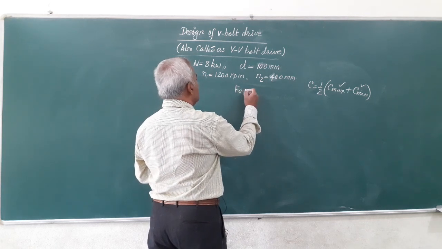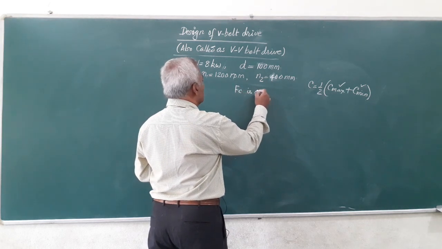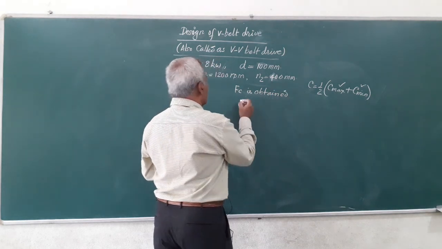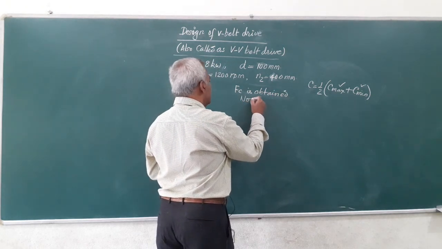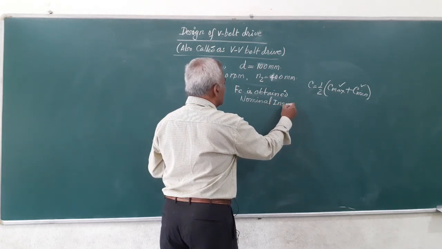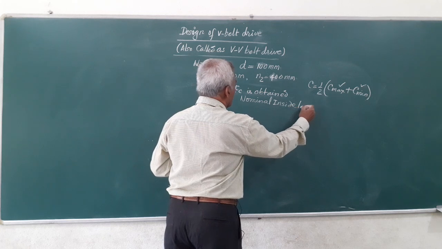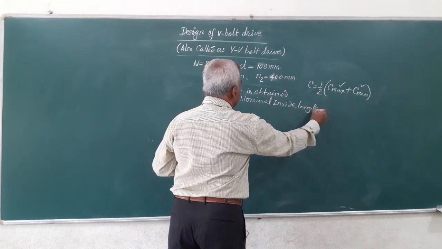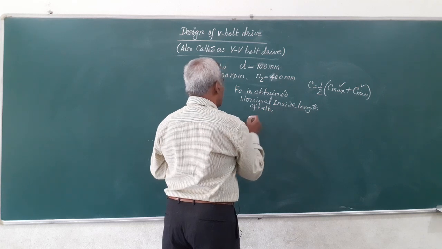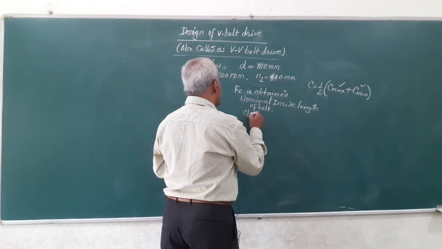So, FC is obtained based on the nominal inside length of belt, comma, the cross section of belt.